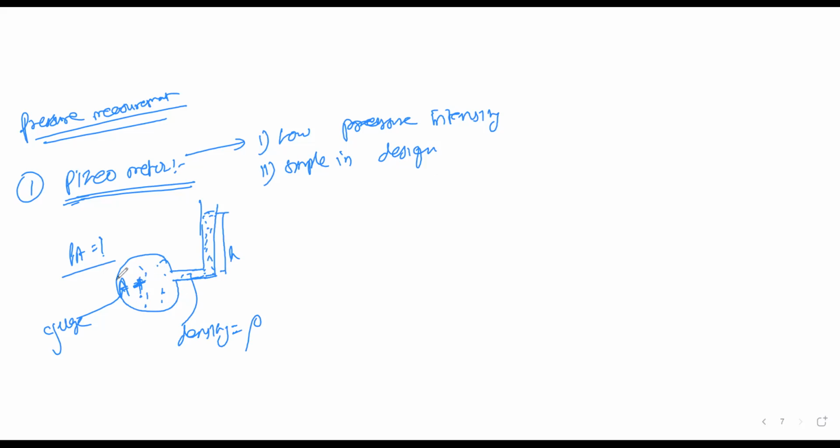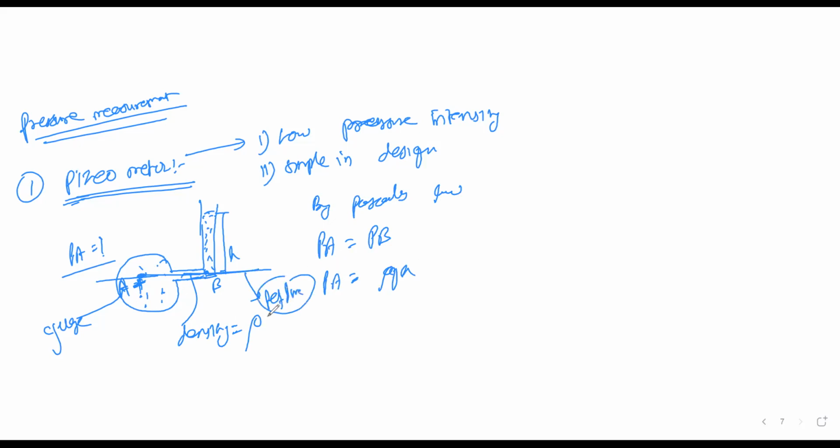So what to do? Draw one line, and assume that this point is B. So I can say by Pascal's law, the pressure at B must be equal to pressure at A. So pressure at A is equal to pressure at B, given as rho GH, because the height, we know that this is your reference line.